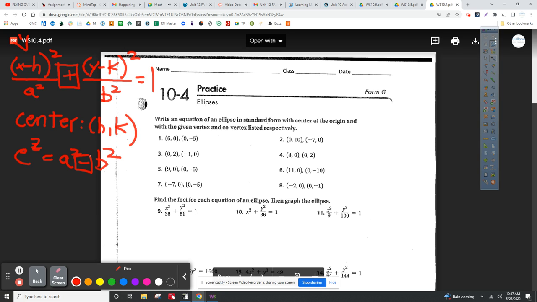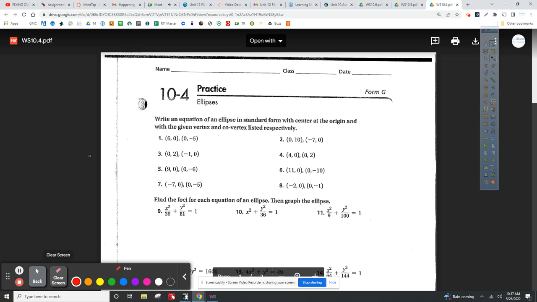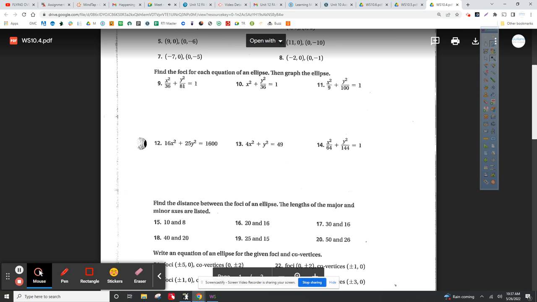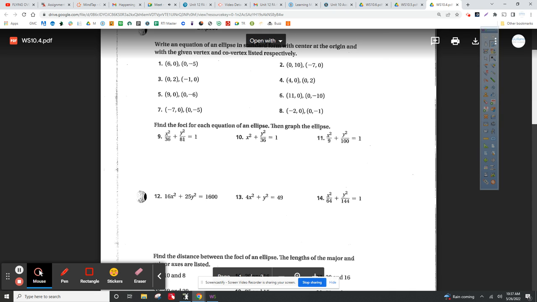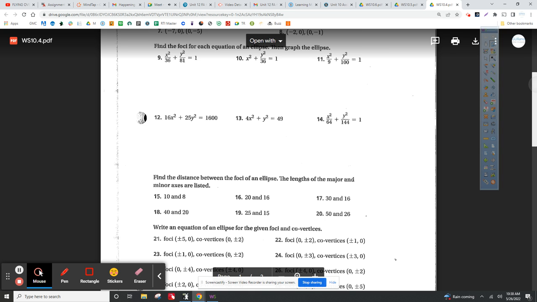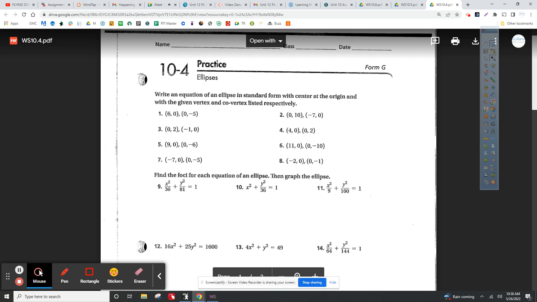So I'd like to look at number 9. Well, actually, let's go ahead and look at number 2, okay? It says it's centered at the origin, and it gives us the vertex and the covertex.